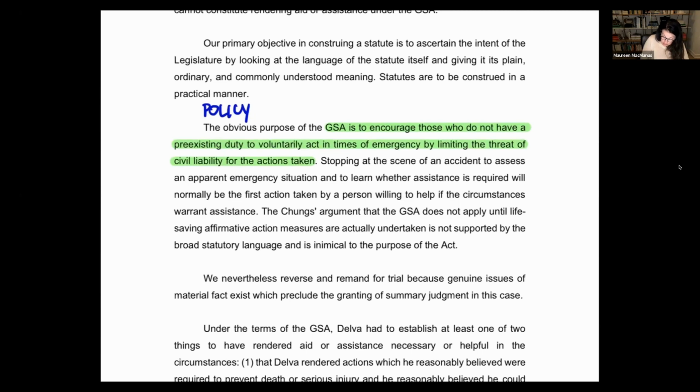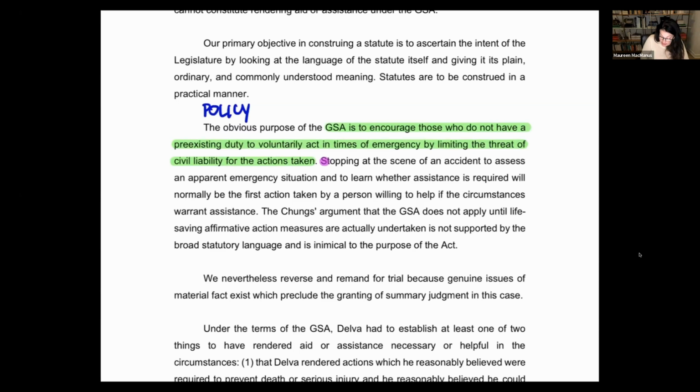And then we get to a rule. Stopping at the scene of an accident to assess an apparent emergency situation and to learn whether assistance is required will normally be the first action by a person willing to help if the circumstances warrant assistance. The Chung's argument that the GSA does not apply until life-saving affirmative action is undertaken is not supported by the broad statutory language and is inimical to the purpose of the act.